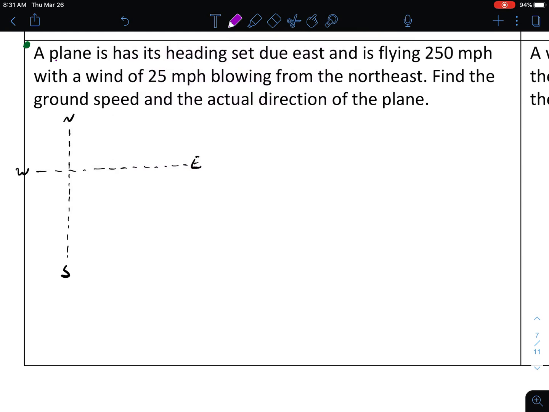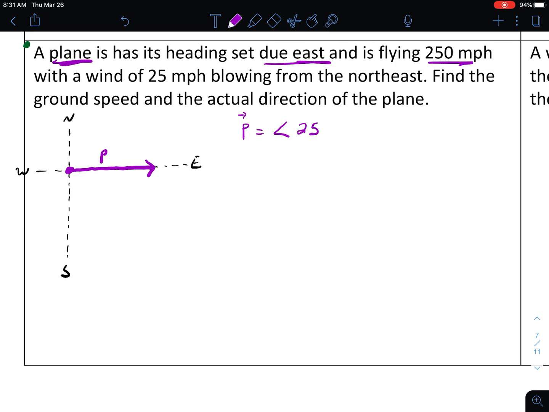West, east. My plane is flying due east, 250 miles per hour. So the plane's trying to do that. There's my plane. Now, I may as well go ahead and write the vector for the plane.